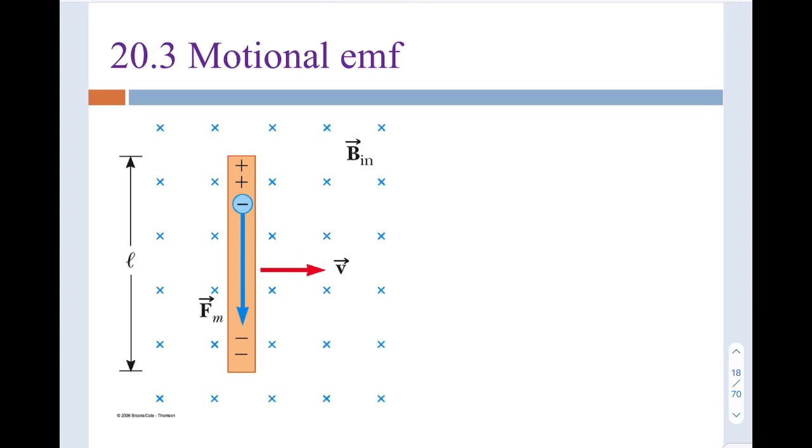So place your index finger along the V direction, your four fingers along B, which is into the page. By right, your thumb is pointing upward. So by default, a positive charge is going to experience F magnetic upward like this.